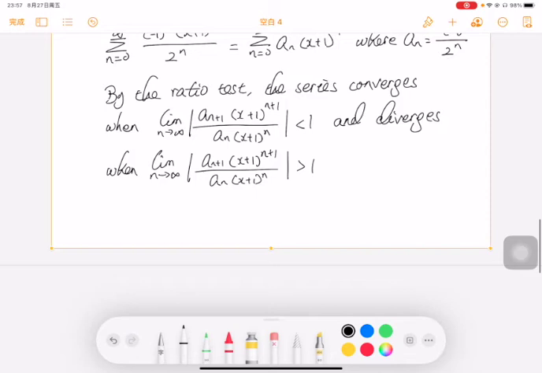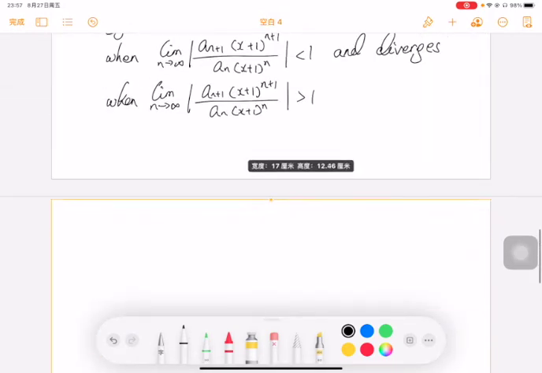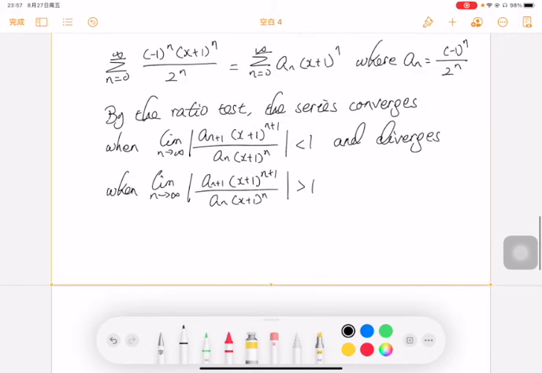That's what the ratio test tells us. So we can use this to obtain the radius of convergence. Now we just have to look at what this limit really is.